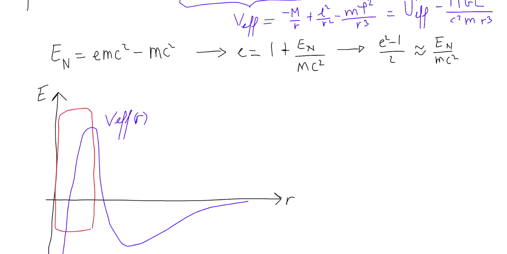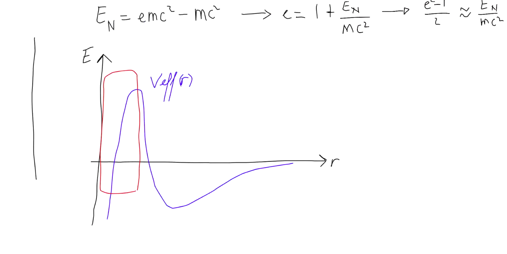So what's new is that here, sorry, I wrote E, but it's E squared minus 1 over 2. So if you have high enough energy per unit mass, even though you have angular momentum, you can reach r equals 0.